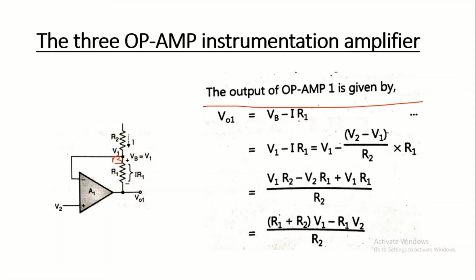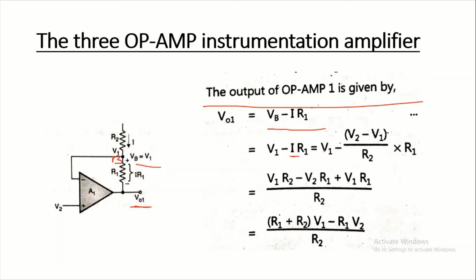So V1 minus IR1. The current flowing through this resistor is I, and the voltage drop across it is IR1. So the output voltage V01 is given as VB minus this voltage drop, VB minus IR1. And the value of I, we know, is V2 minus V1 divided by R2.